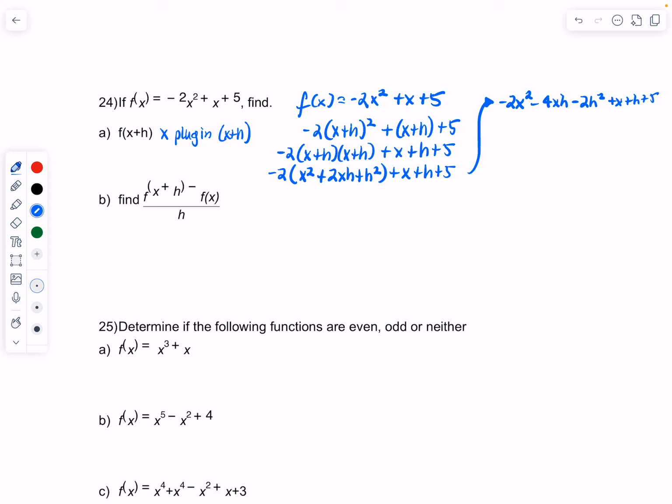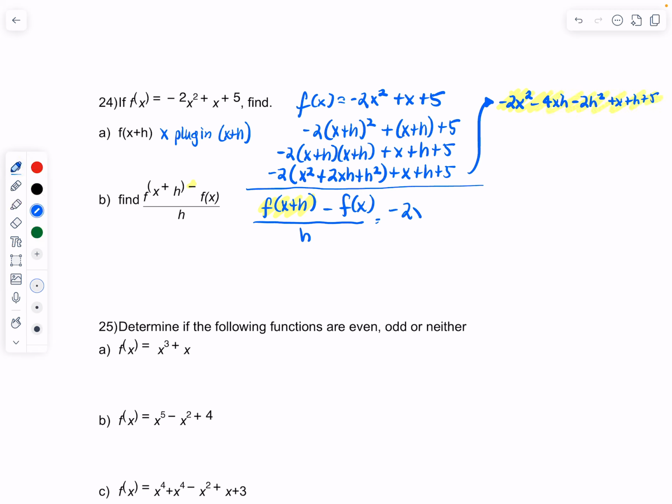Now the quotient. I have to find the function at x plus h, subtract the original function from it, and divide this by h. So I found f at x plus h to equal this, and I'm going to write this down, okay?